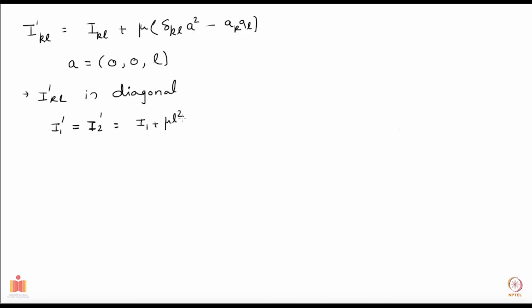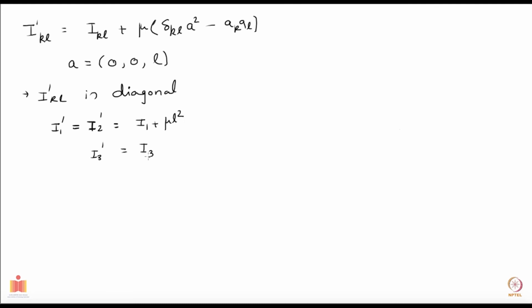Let's check dimensionally. Moment of inertia has dimensions of mass times length square, which is the case here also, so it's good. And then check that I3 prime does not change, it still remains the same. That is also fairly easy to see.